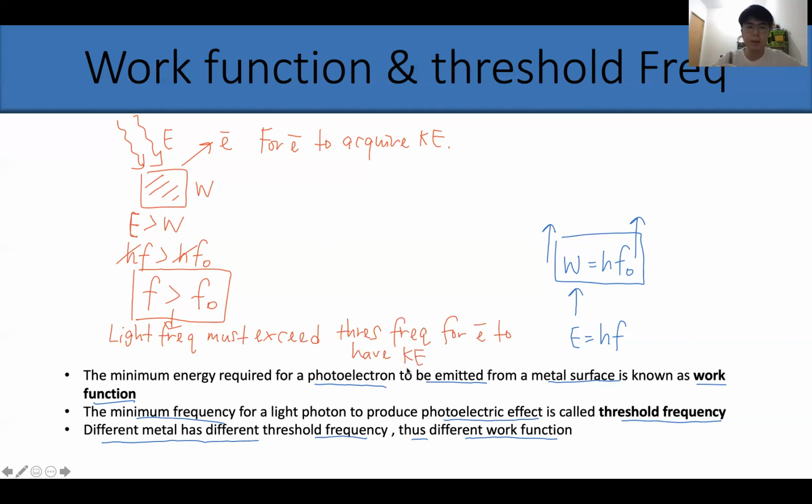This is seen from the threshold frequency perspective. Just now we talked about the energy being larger than the work function, right? Because some questions will ask you the frequency instead of the work function. So the light frequency must exceed the threshold frequency for the electron to have kinetic energy.